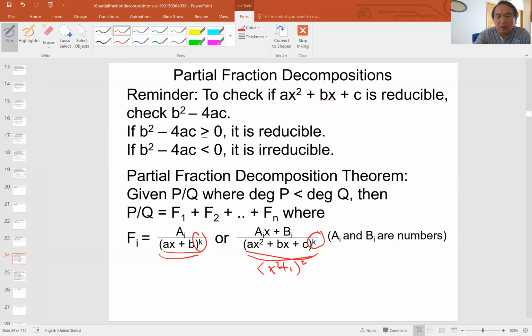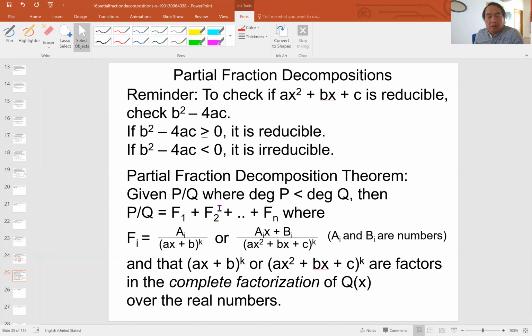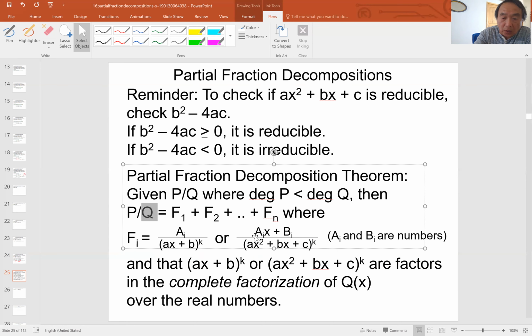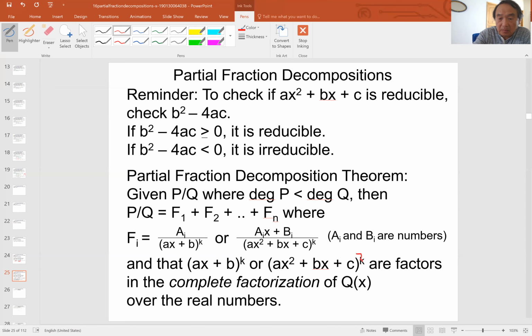You say, well, what's this power about? Oh, it depends on how many copies of that you have. If this is a kth power factor of Q, then you will need one of the terms with denominators with a kth power. So if k is 3, then you're going to have a term that looks like that with a cube.